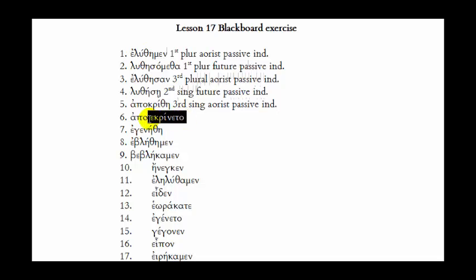Well, you see the augment here, you see the secondary ending, and we know what? Krino, krino, ekrina. Ekrina is your aorist for that particular verb, and without the apo, this would mean what? This would mean he judged.